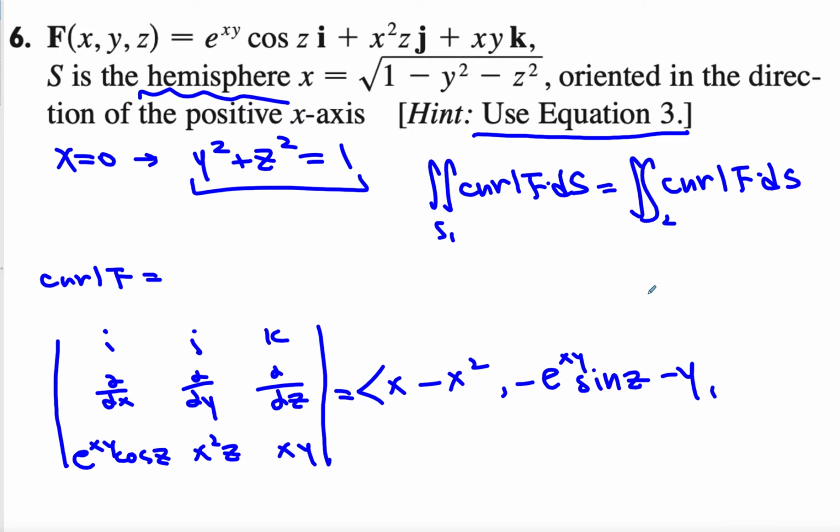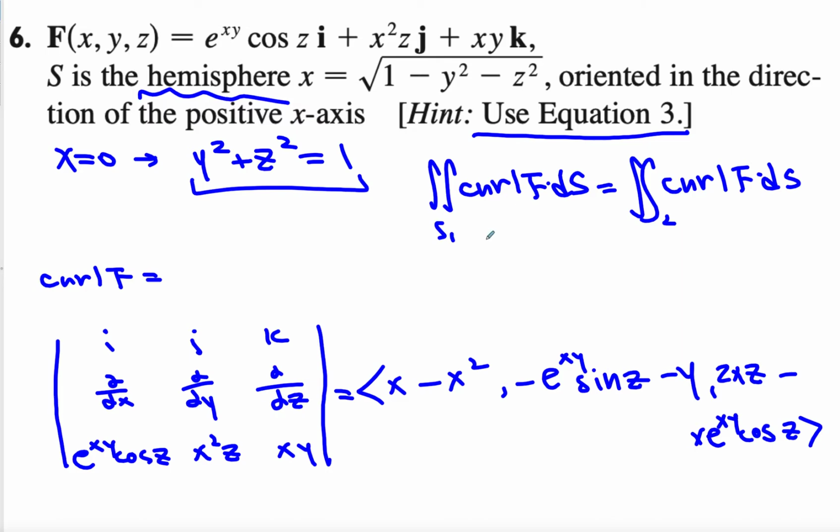Thirdly, what we end up getting is 2xz minus x e to the xy cosine of z. That's kind of long for the third one. That's what we end up getting.